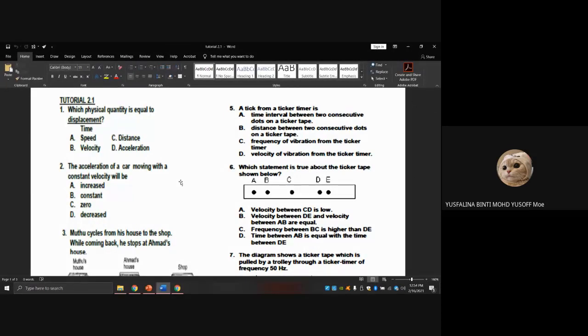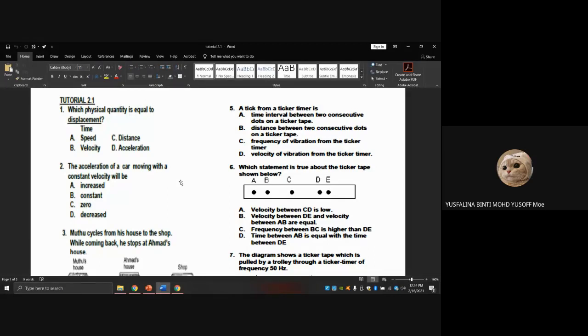Which physical quantity is equals to displacement divided by time? B. Velocity. Why not A? What is the formula for speed? Very good.